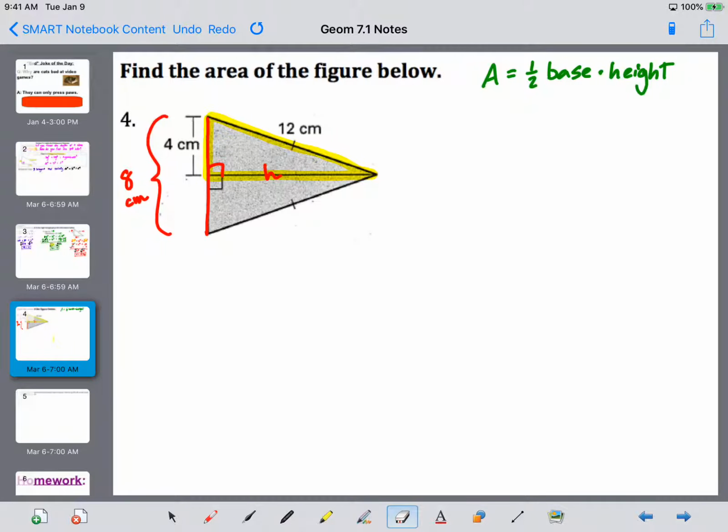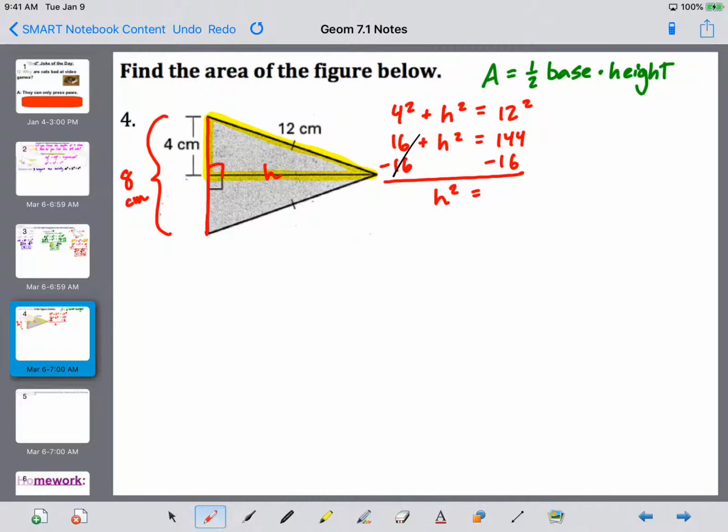So we can use the Pythagorean theorem to find that h. So we'll set up our leg squared plus our other leg squared equals the hypotenuse squared. So this ends up being 16 plus h squared equals 144. If we subtract that 16 from both sides, these will cancel, and we end up with h squared equals 128. And if we square root that, we end up with our height of about 11.31.